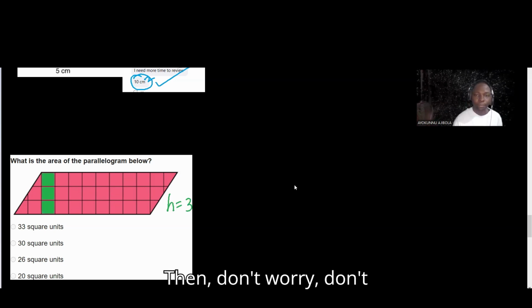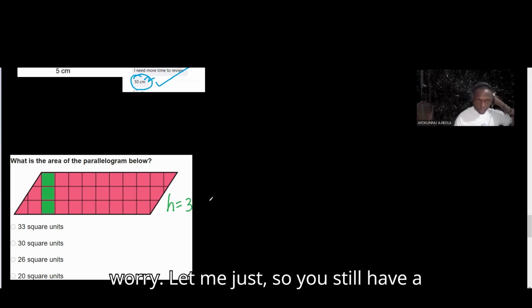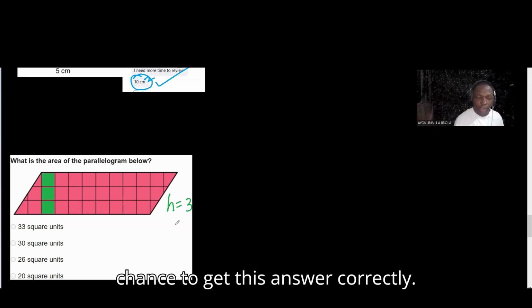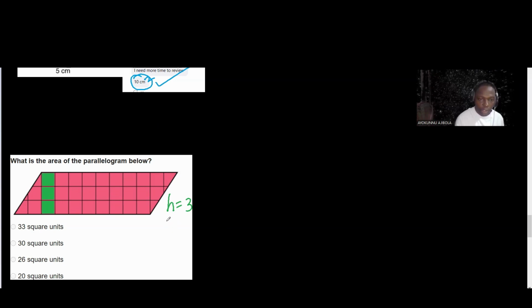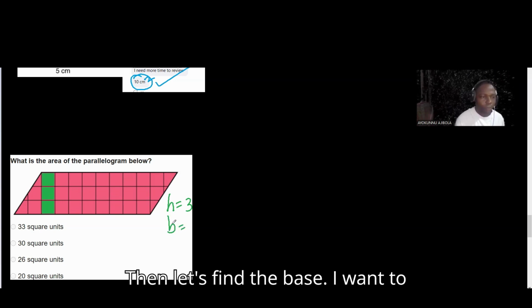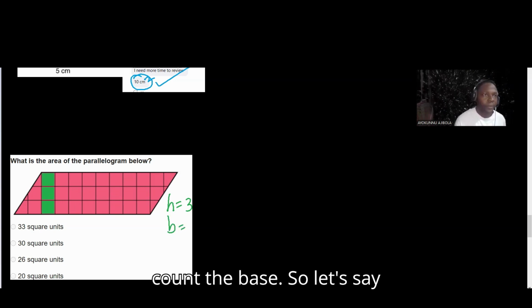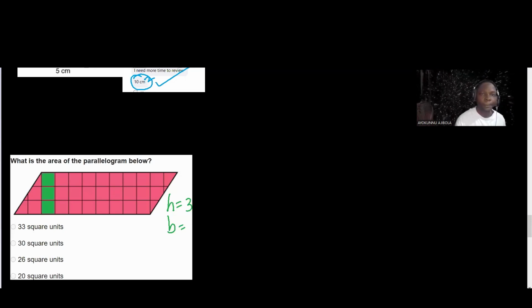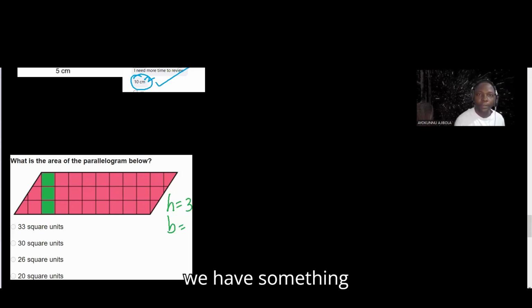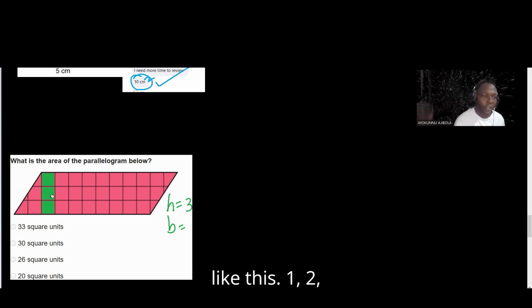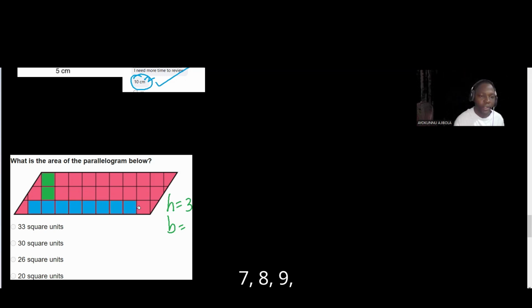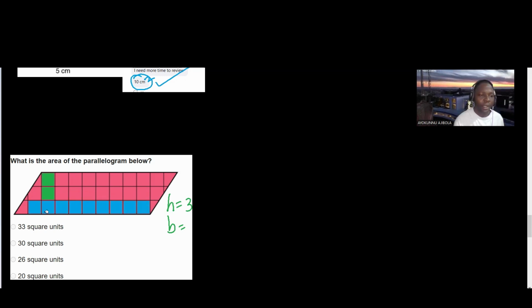Don't worry, as I said, you still have the chance to get this answer correctly. Then let's find the base. We want to count the base. 1, 2, 3, 4, 5, 6, 7, 8, 9.